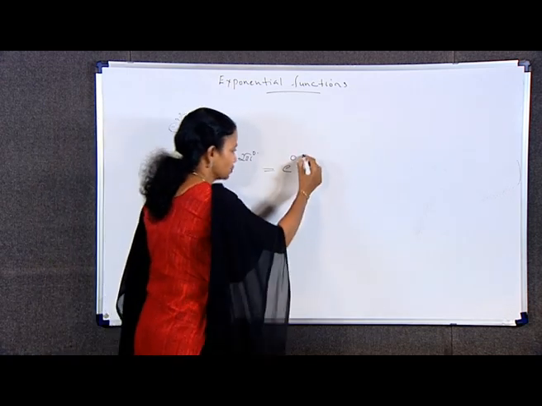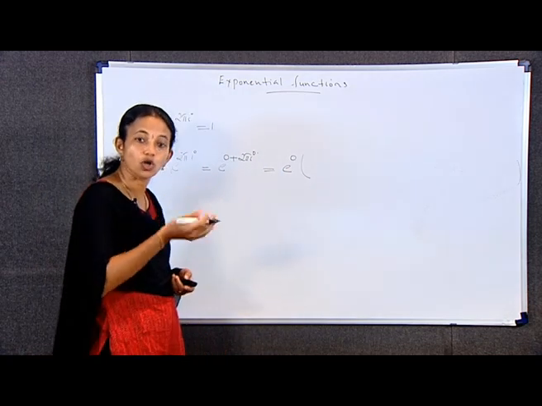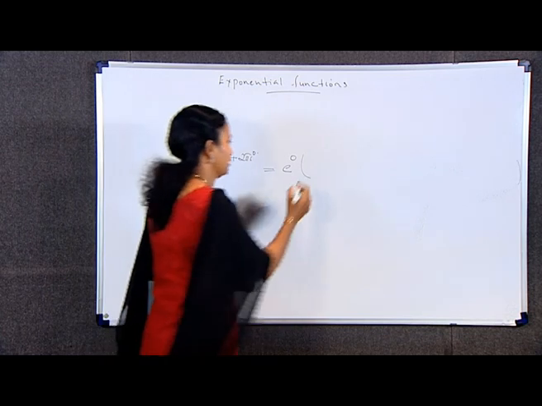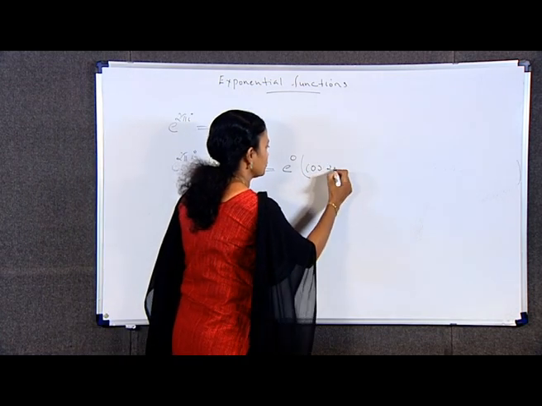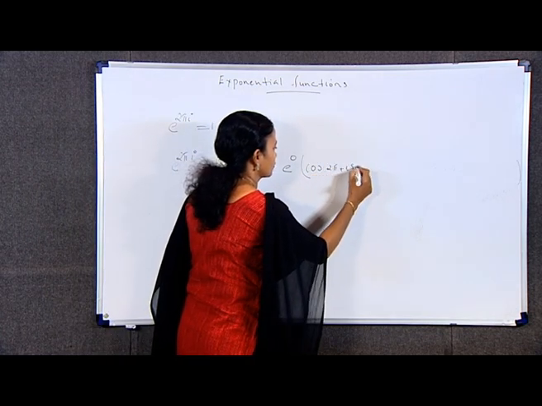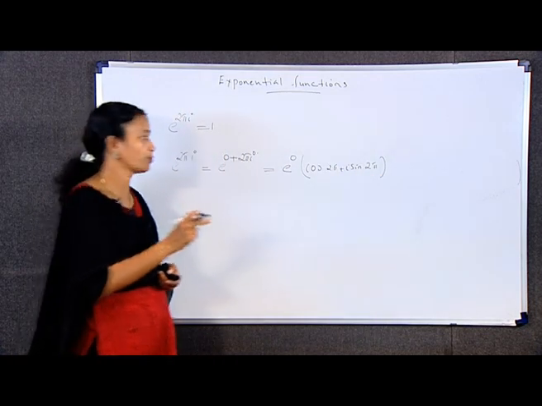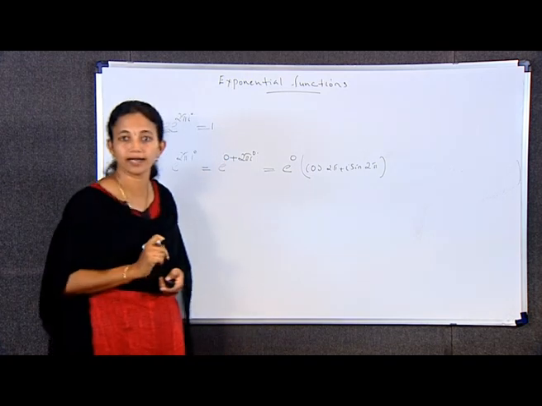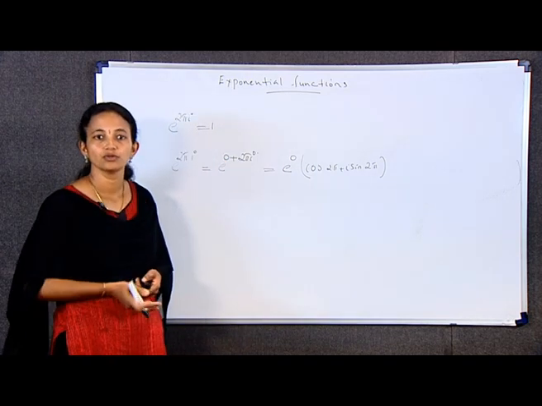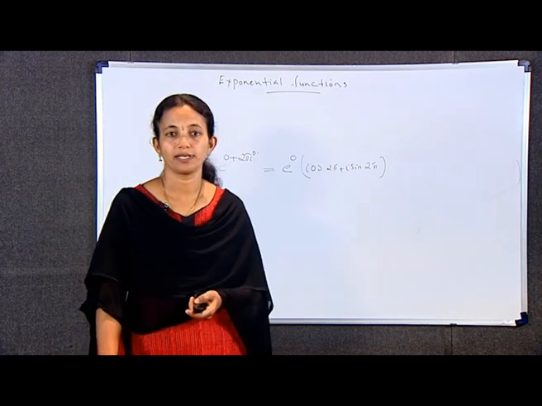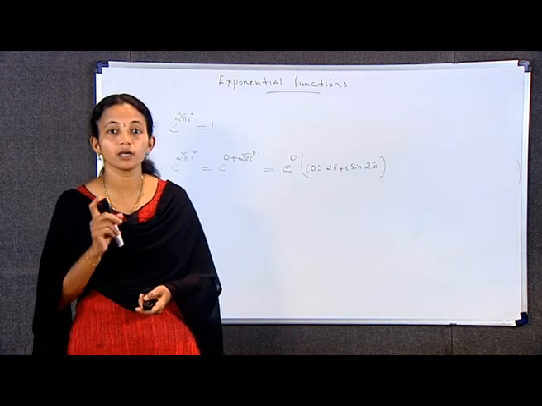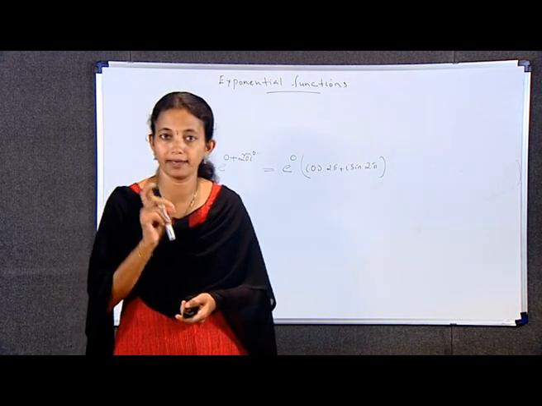So, e raised to 0 times cos 2 pi plus i sin 2 pi. And we know cos 2 pi is equal to 1 and sin 2 pi is equal to 0.